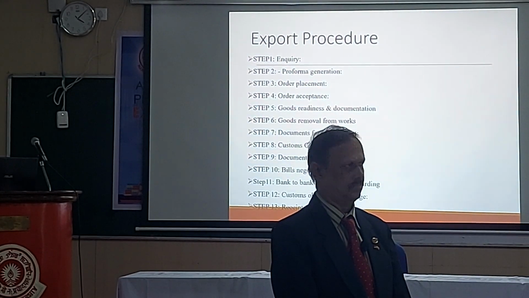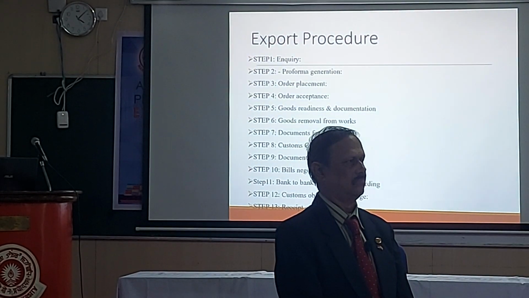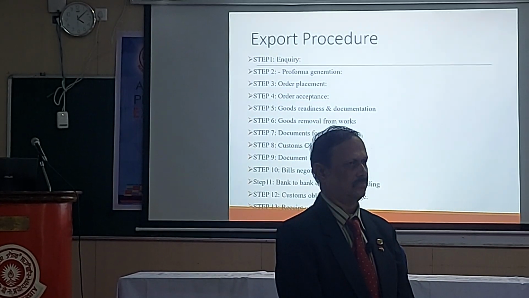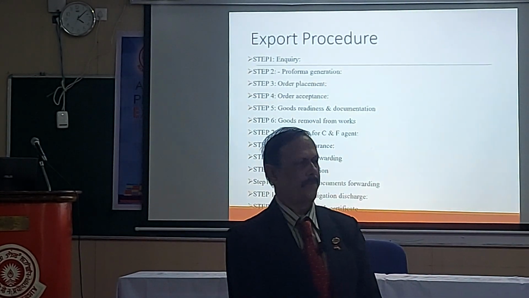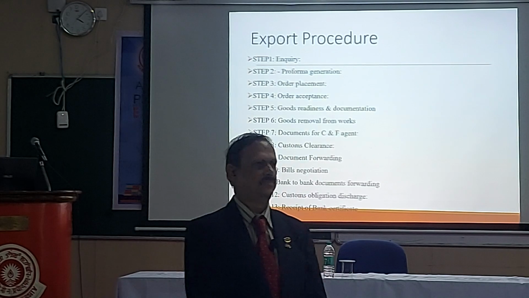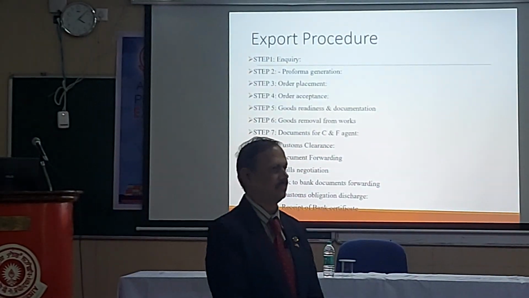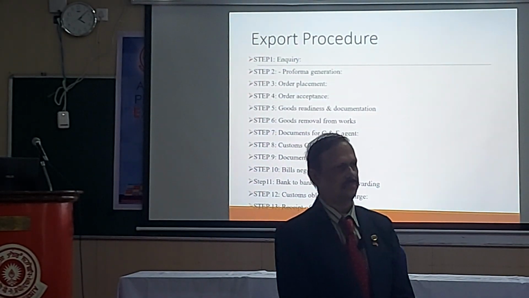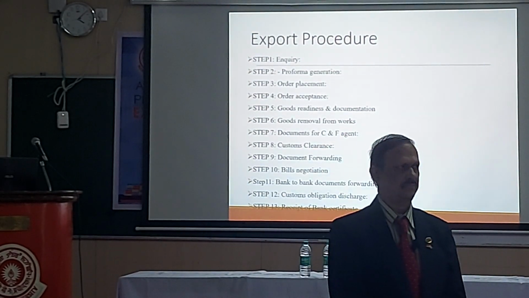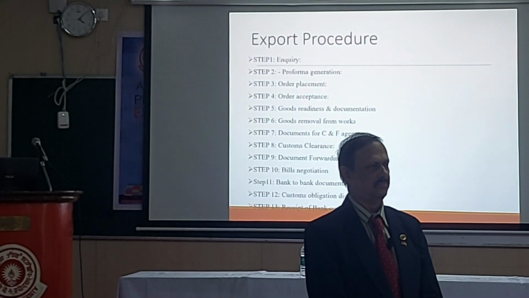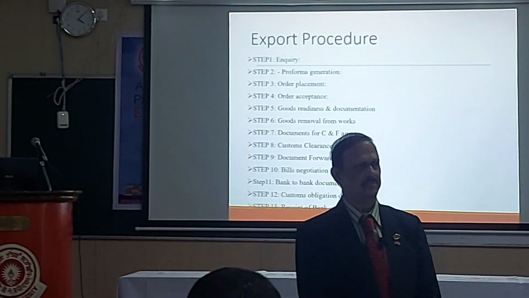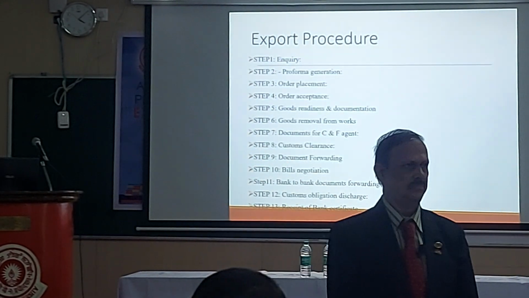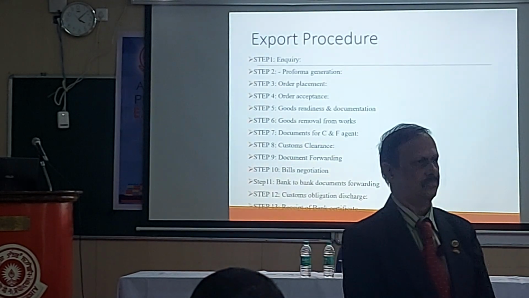When you go to ECGC for taking a cover, ECGC will run the database and see whether this particular person is banned or not. If banned, they will not give you an insurance cover. Simple as that. So you will be alert, and you should not send the goods to this person because the money might not come. Or if ECGC gives you a cover and there is a willful defaulter, then ECGC will pay you the money.